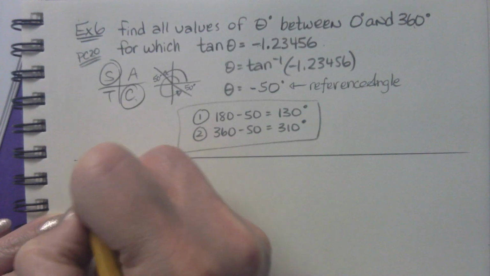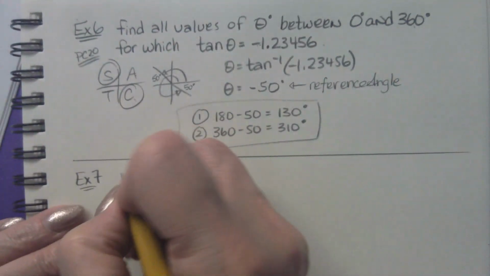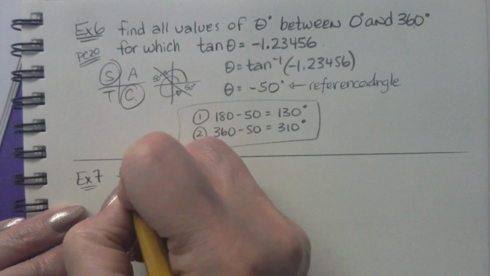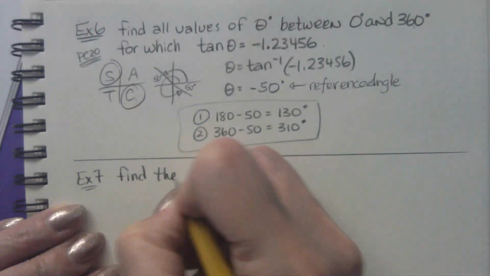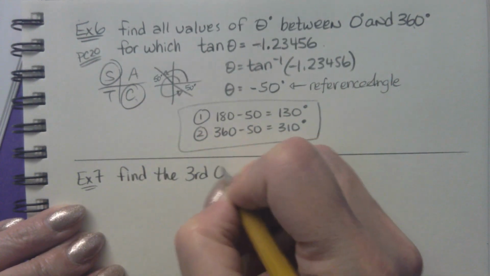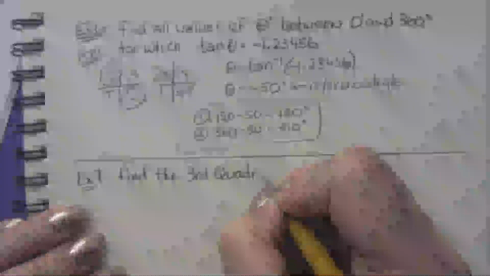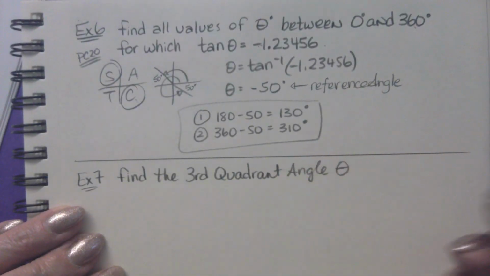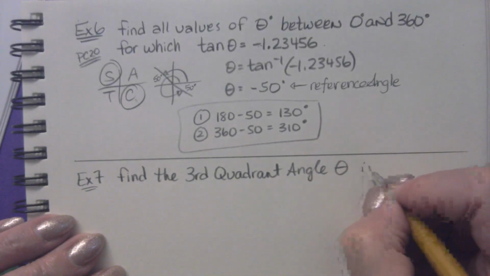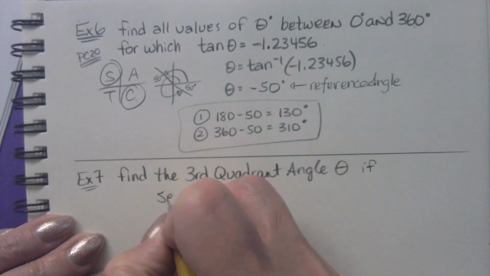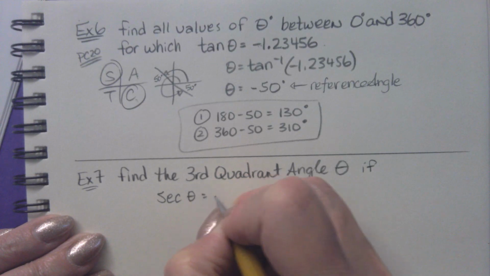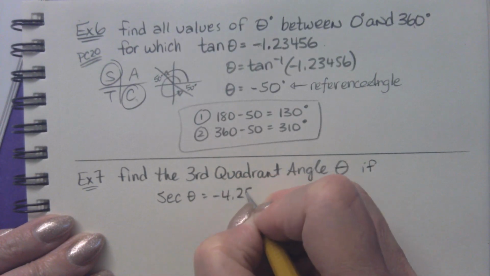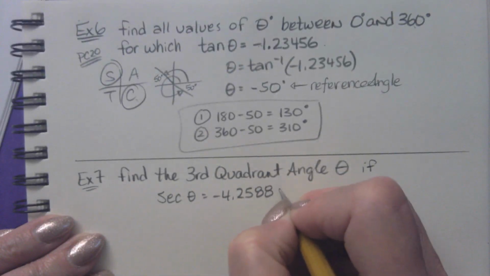Last example. All right, they're telling me to find the third quadrant angle theta if secant theta is equal to a negative 4.25889.